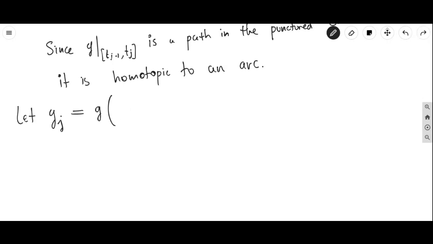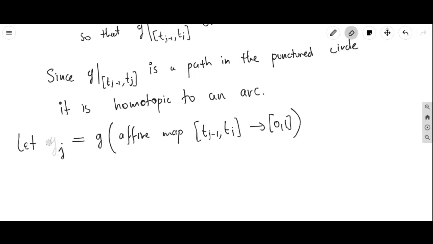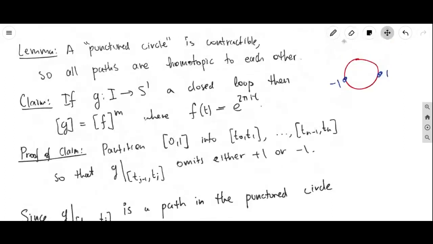You have this annoying thing that everything has to be rescaled. Technically, these intervals are not from 0 to 1. So we're just going to take an affine map that rescales tj minus 1, tj into 0, 1. So that's what G subscript j represents.